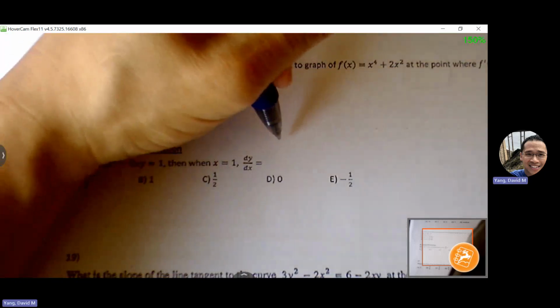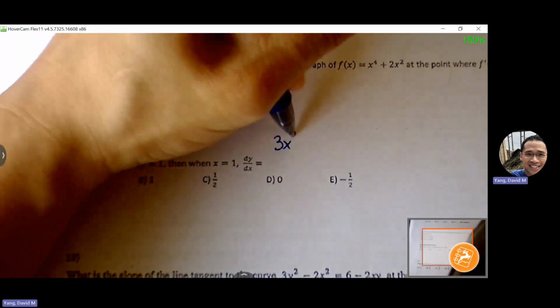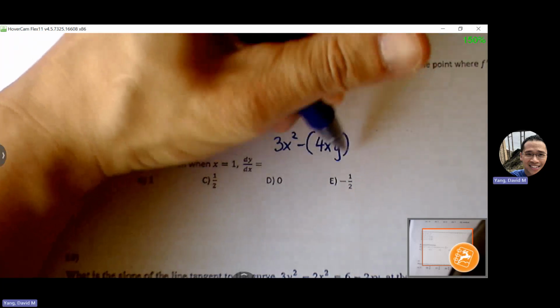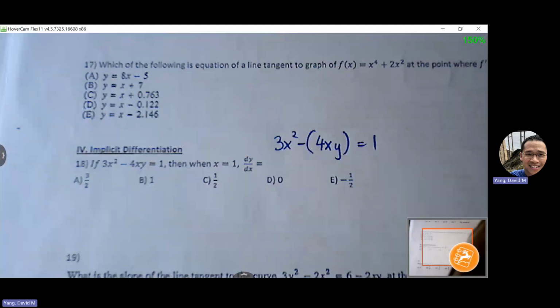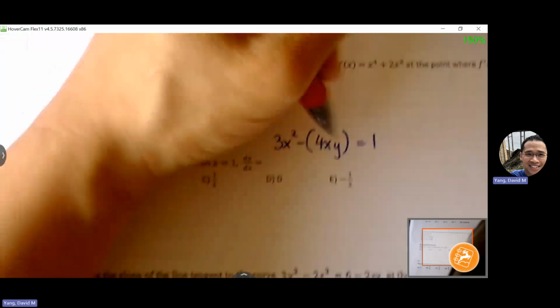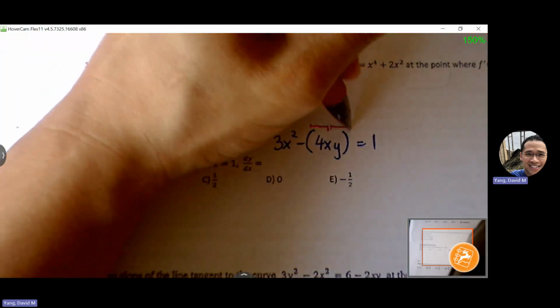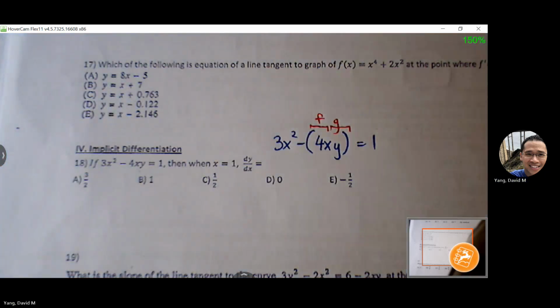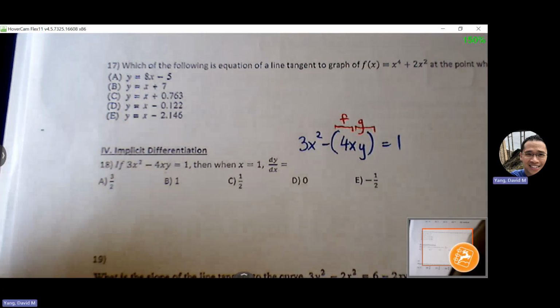Okay, I'm going to rewrite this as 3x² minus parentheses 4xy equal to 1. I'm going to take care of product rule inside the parentheses first, and then I'll distribute the negative through. I don't want to forget about that negative there. So here's my... All right, so go with your power rule here.